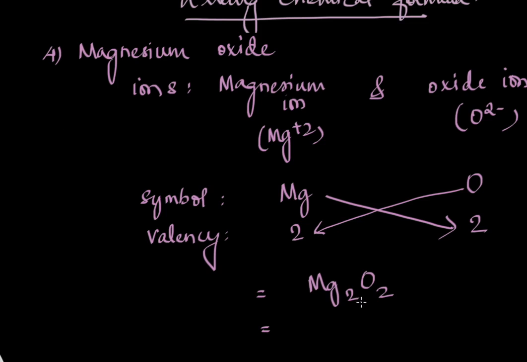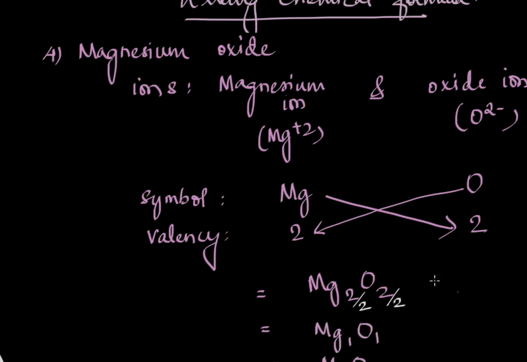So the number that I can divide both 2s by is 2 itself. If I divide both the numbers by 2, then the formula becomes Mg1O1.